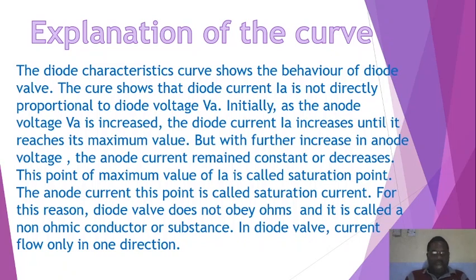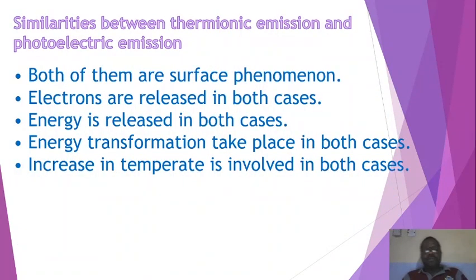They will ask whether the diode is used for rectification in an alternating current circuit or a direct current circuit. You know it is in what? Alternating current circuit. Okay.